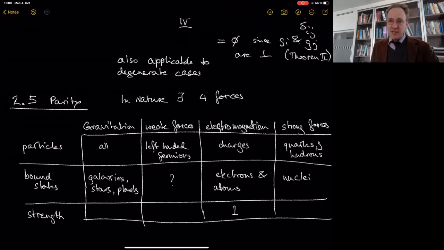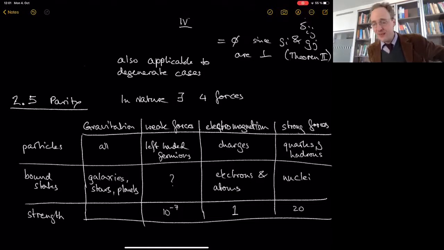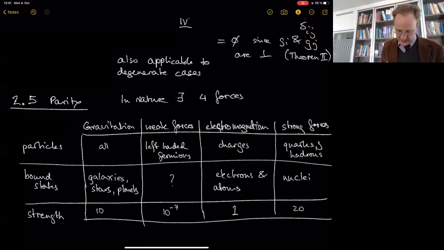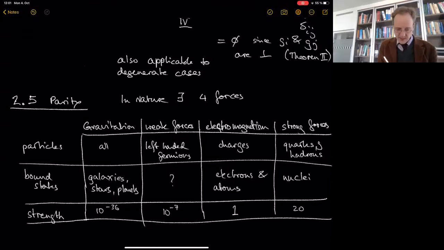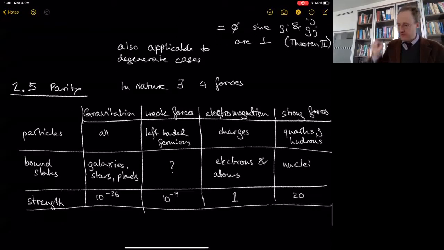Then the nuclear energy is roughly 20 times more energy than chemical energies. These weak forces are on the order of 10 million times weaker than chemistry. And gravitation is on the order of 10 to the minus 36. So it's really hard to find a strong effect.